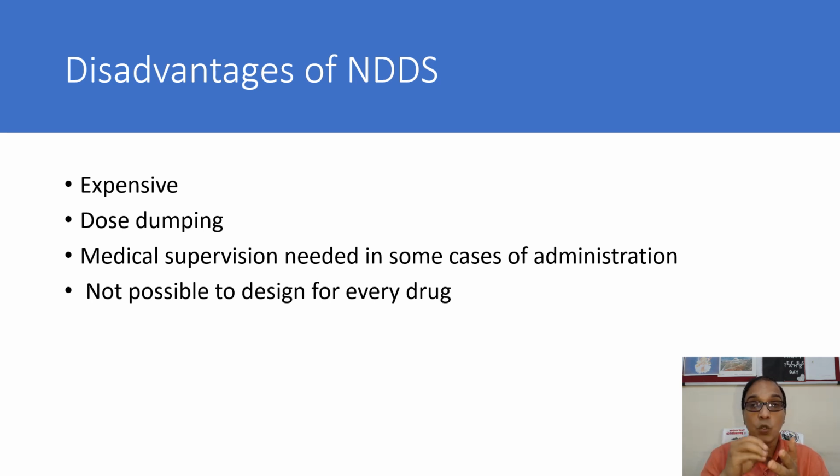The complete dose will be dumped at a time to a particular site, creating an overdose and several adverse drug reactions. So dose dumping is a disadvantage, however it is not always there. There is a chance of dose dumping, okay, associated with NDDs.